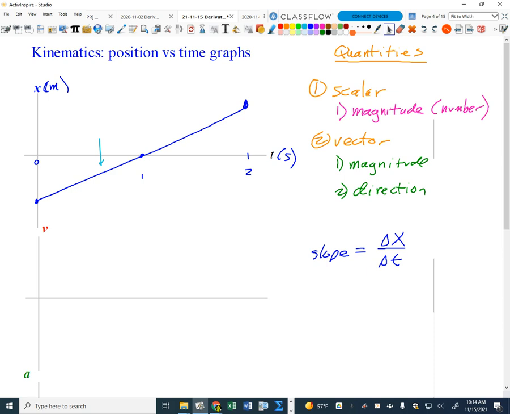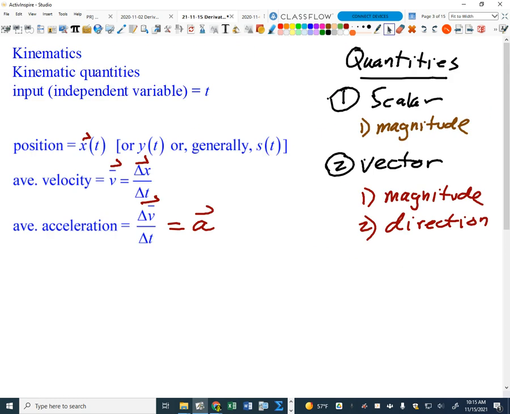Okay? What can you tell me maybe about my velocity during that time? Keep in mind, if we go back to the previous page, velocity is defined as the change in position over change in time.